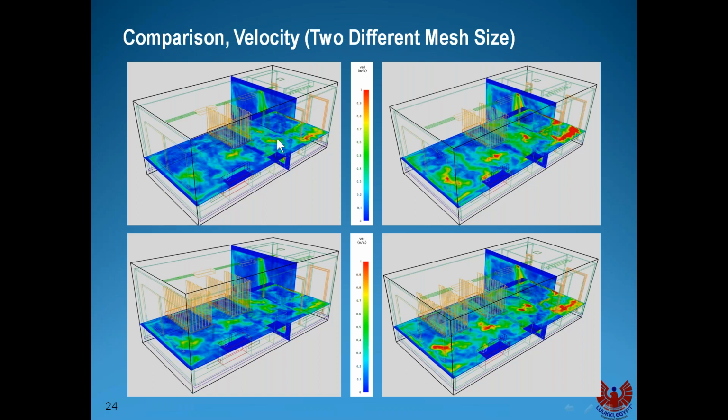This is for the single bedroom, and this is for the double. But here also, the sizing of the mesh is completely different. Here it was 5 millimeters by 5 millimeters by 5 millimeters, but here it's zoning. I mean by zoning that we take the first 1 meter on the horizontal plane in the room in a mesh model, and the second 1 meter in another mesh size, and the third one at the outlet location with another size.